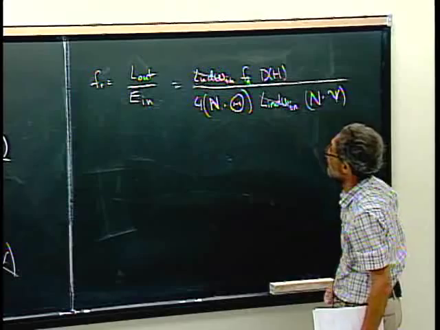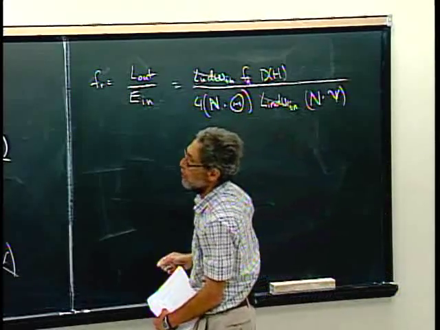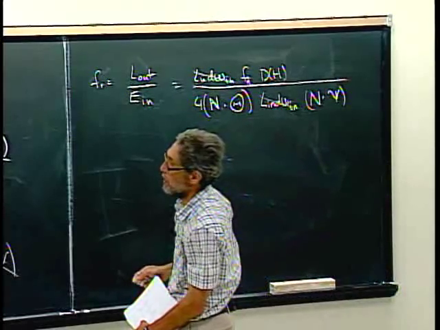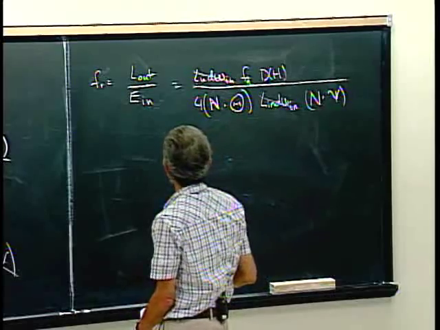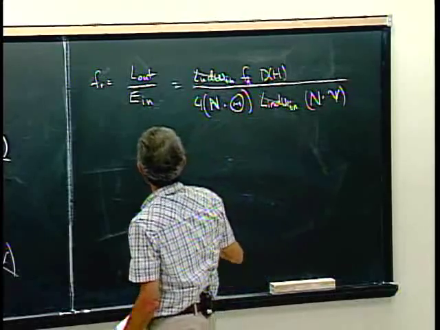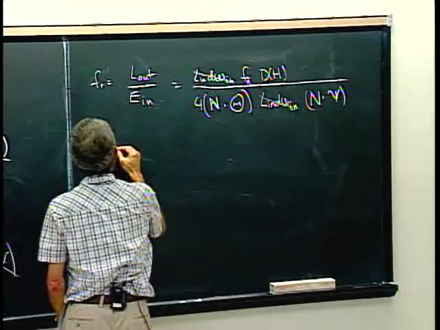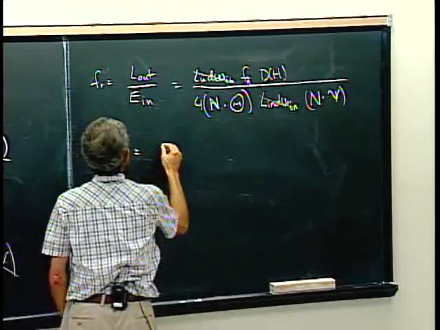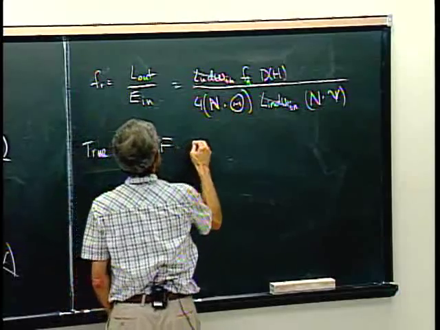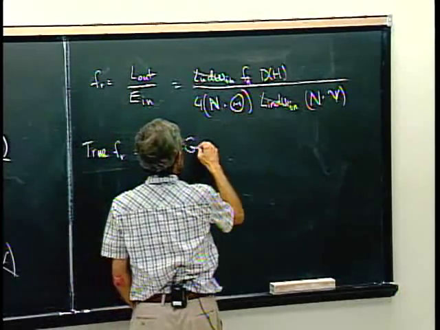So how does this compare to the other formula that I have way over in the beginning? Well, if I wanted to have the true FR from this formula, I'd still have to put that factor F in and the factor G in.